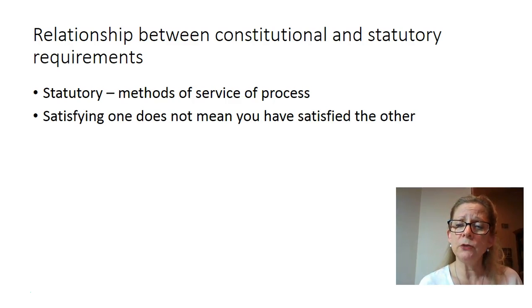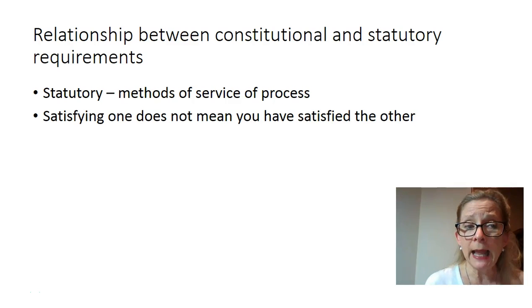And so you need to have both the constitutional minimum of notice met, plus you need to have whatever the statutory method is in that state or in that court system met. So you need both.